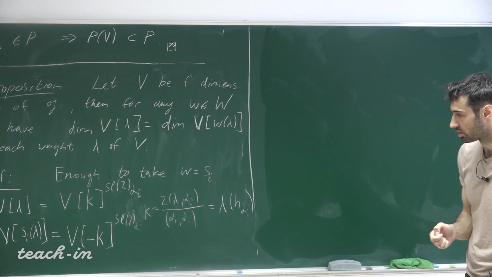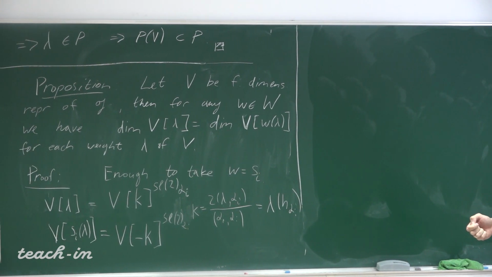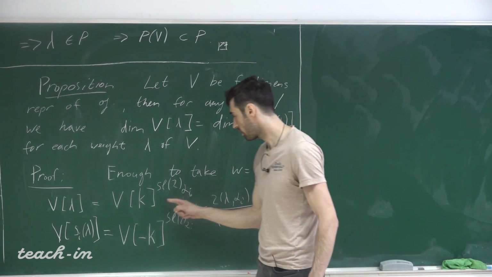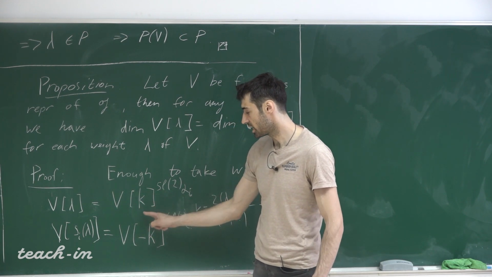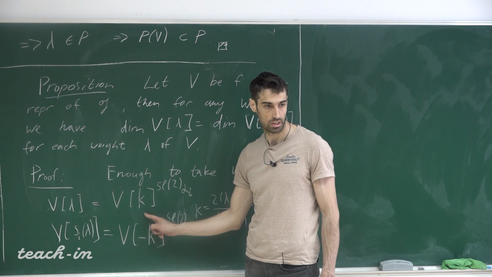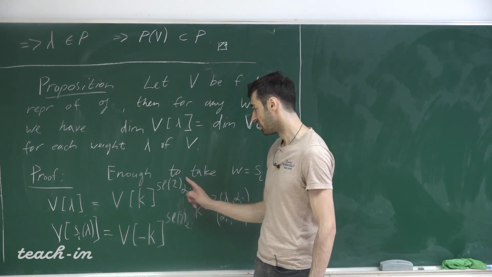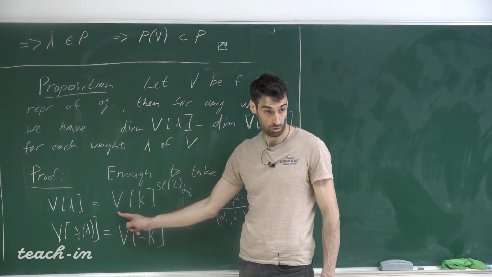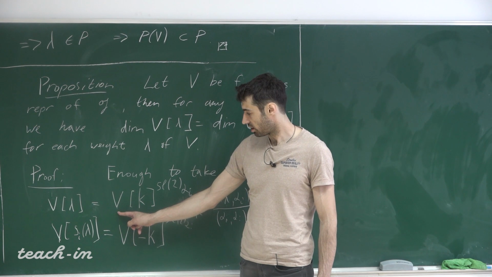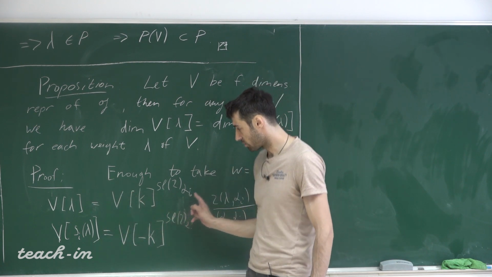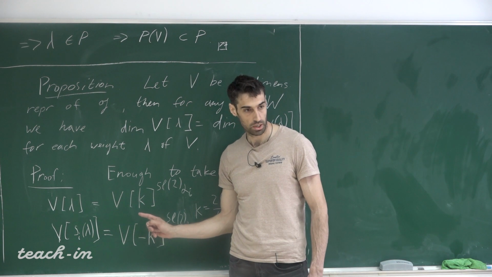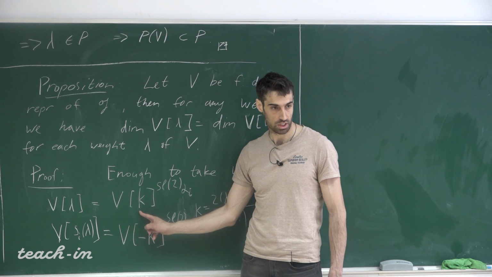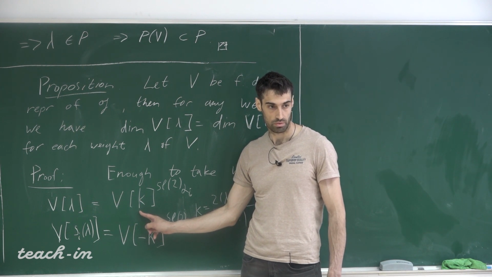You have V lambda equal to V k SL2 alpha I. What does the right hand side mean? So this is how I denoted. This k is not a G weight, it's an SL2 weight. So this superscript here means that I consider V now as a representation of SL2 alpha I, and the whole thing denotes the weight subspace of V as a representation of SL2 alpha I of this SL2 weight. Okay?